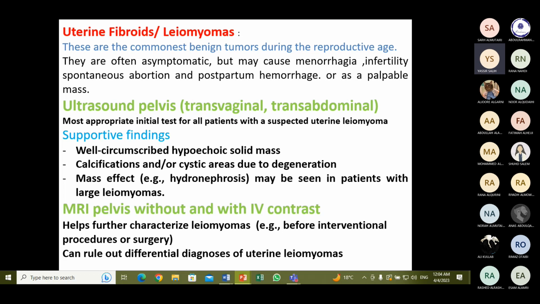Endometrioma or endometriosis and polyps can be ruled out by this MRI.